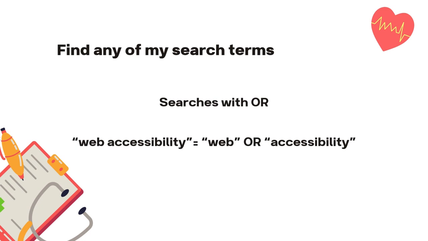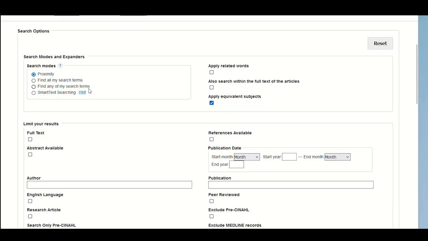For example, the search web accessibility gets searched as web or accessibility. Smart text searching is intended to be used with a large chunk of text, like a paragraph.